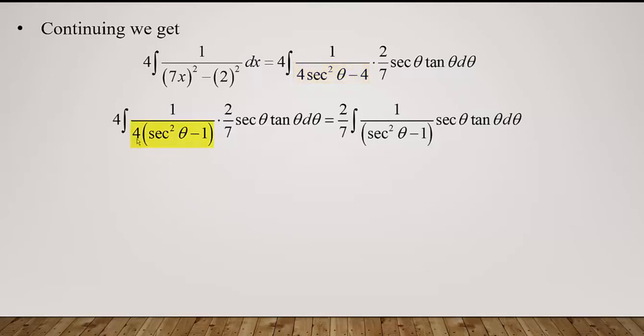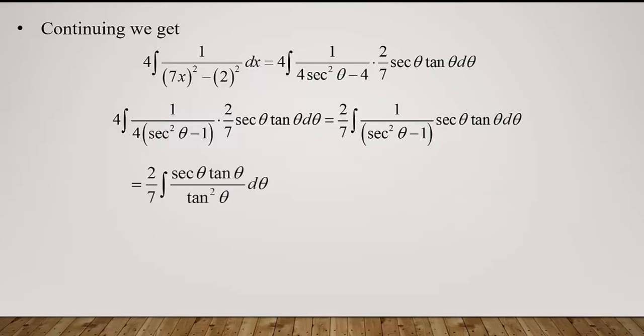Then I can take the 1/4 and rip it out front because it's a constant, and the 2/7 as well, to get 2/7 integral 1 over secant squared theta minus 1 times secant theta tangent theta d theta. Now remember, we know the Pythagorean identity: 1 plus tangent squared theta equals secant squared theta. So this secant squared theta minus 1 is the same thing as tangent squared theta.